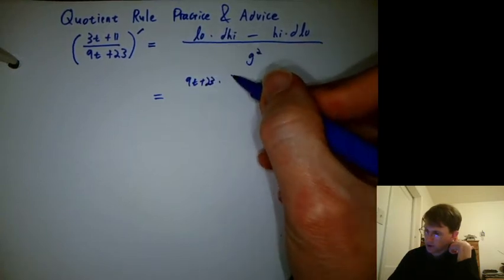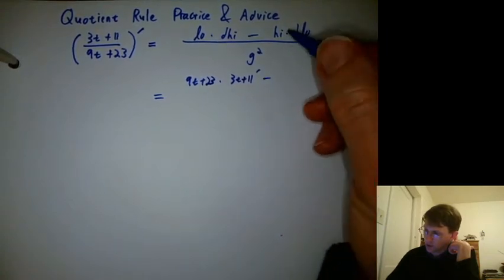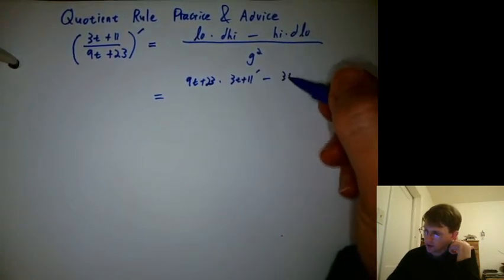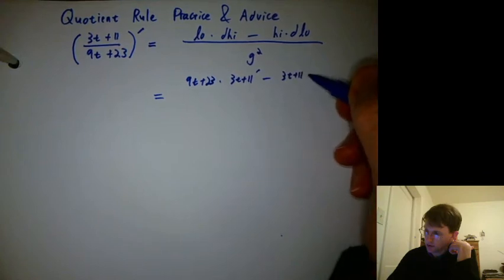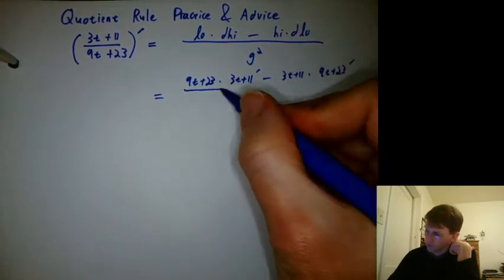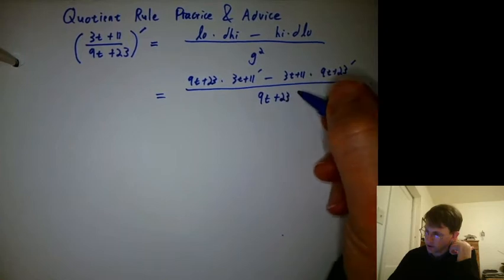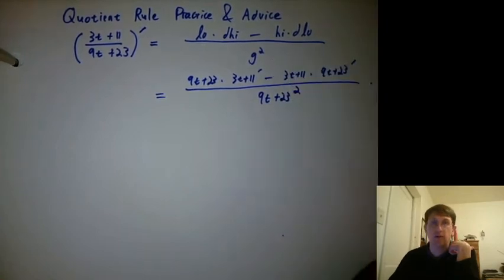D high would be (3t plus 11) prime, minus high, that's 3t plus 11, times d low, which is (9t plus 23) prime, over (9t plus 23) squared, right, g squared.